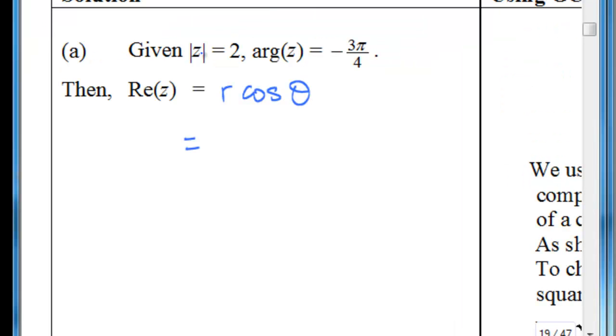Since the modulus of z is given as 2 and the argument of z is given as negative 3 pi over 4, we can write the real part of z as 2 cosine negative 3 pi over 4.